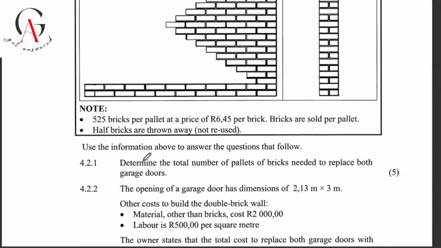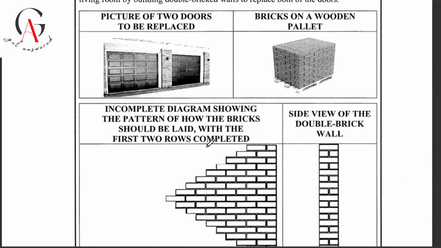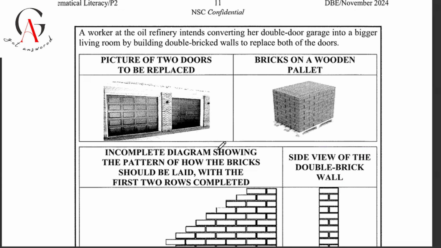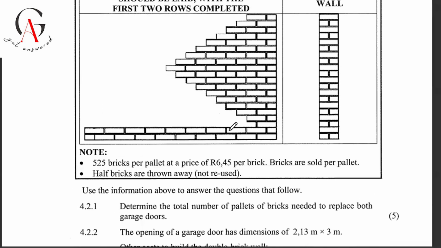They're telling us to determine the total number of pallets of bricks needed to replace both the garage doors. Now, here there was also a little bit missing because they've not given us how many bricks are needed. So I believe you would have come here and counted: 1, 2, 3, 4, 5, 6, 7, 8, 9, and I will count this one as 10, because that's the other side.